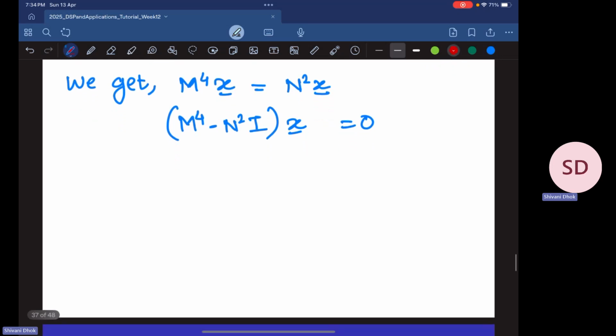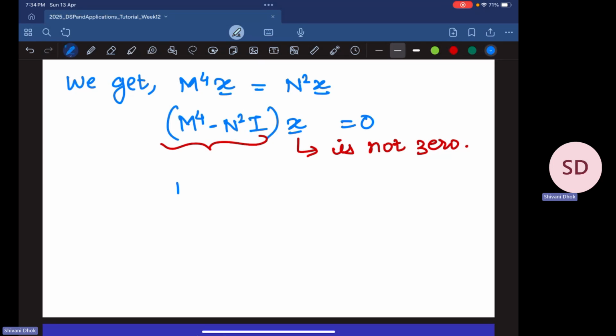Now this x is not 0, which means that this matrix should be singular, and which means that the determinant of this should be equal to 0, or rather this should be equal to 0. So we have m to the power 4 minus n square I is equal to 0. So we have m to the power 4 equal to n square I.